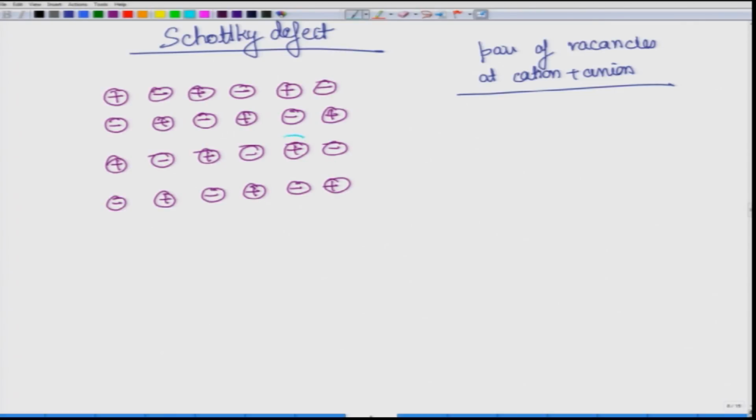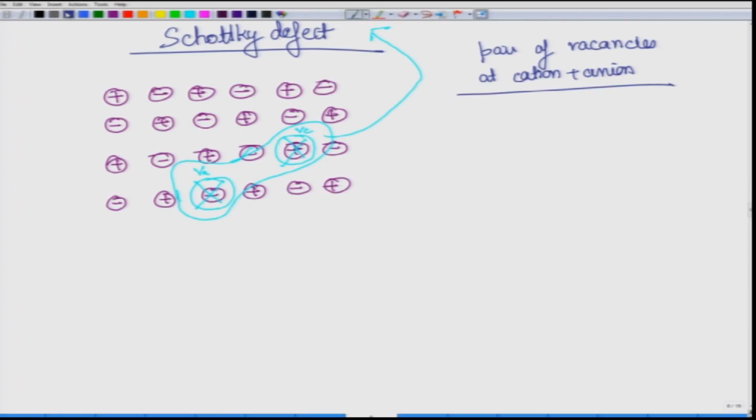So, let us say I take away this cation and this becomes a vacancy. Now, let us take away another anion from somewhere and this becomes a vacancy. So, this is a vacancy at an anion site, this is a vacancy at a cation site. Now, this pair is termed as Schottky defect. So, you have to have a vacancy at cation and a vacancy at anion.